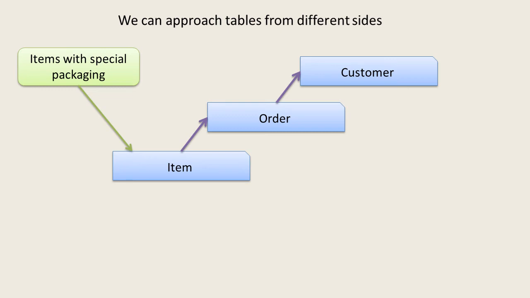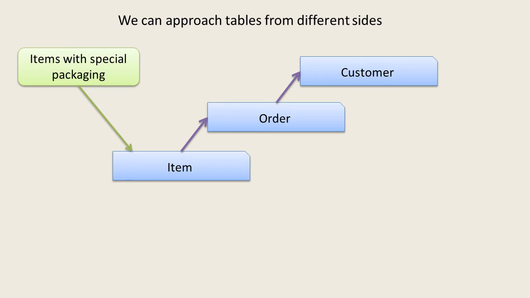What is important to note in this case is that for this query, we only need this table. We actually don't care who the customer is for this order. We also don't care what order these items belong to. When they were ordered is not really important for this kind of query because we are only concentrated on special packaging needs. So in this case, our item table is the only table we need.